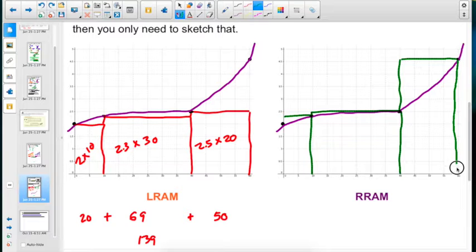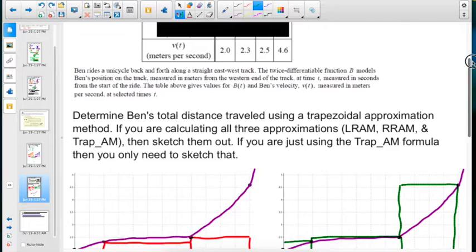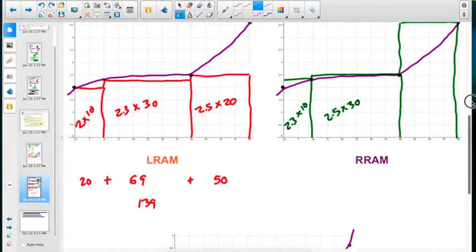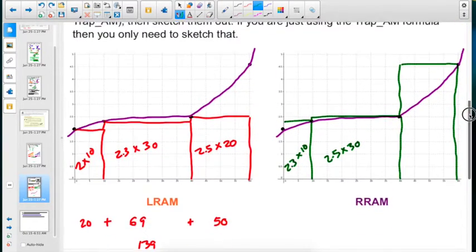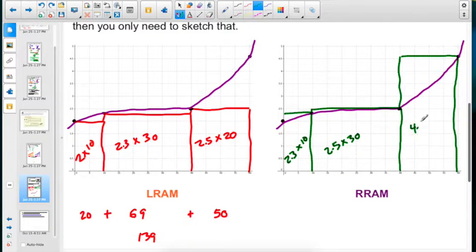So now this first rectangle here has a height of 2.3 and a width of 10. Our middle rectangle here has a height of 2.5 and a width of 30. And our rightmost last rectangle here has a height of 4.6 and a width of 20.